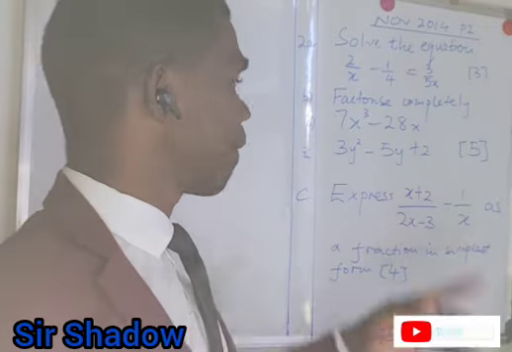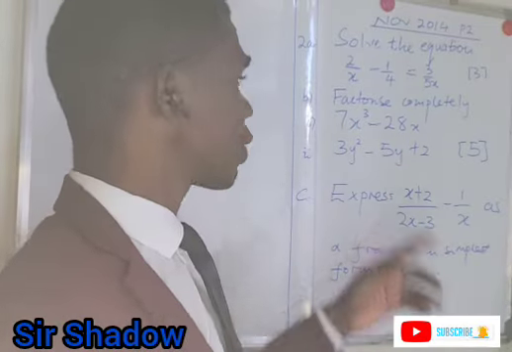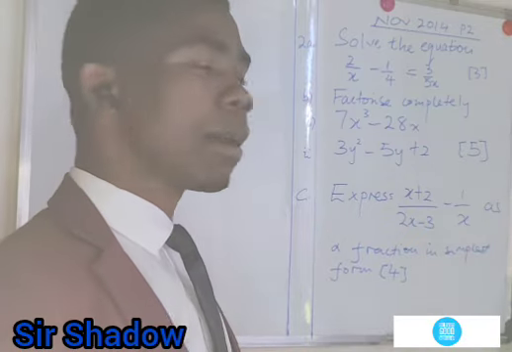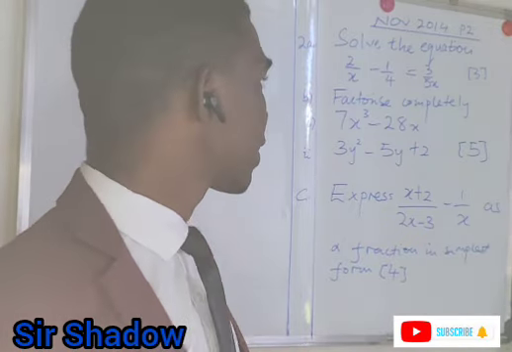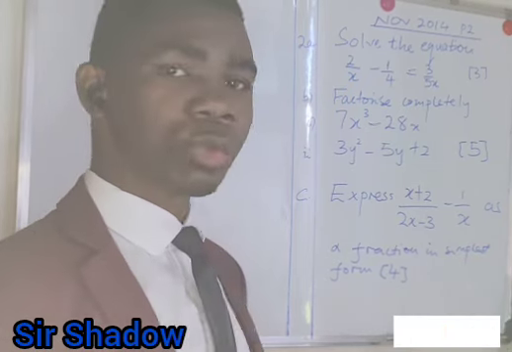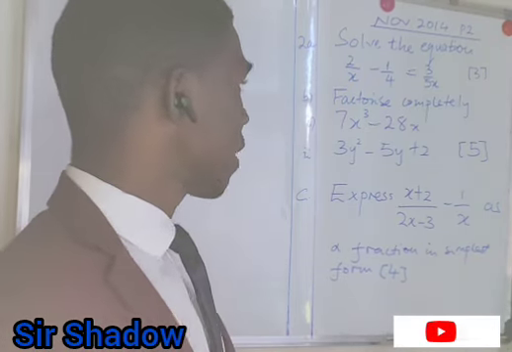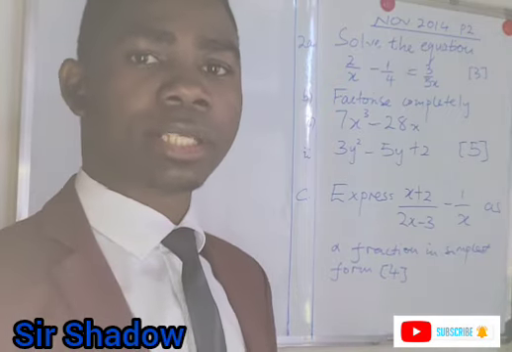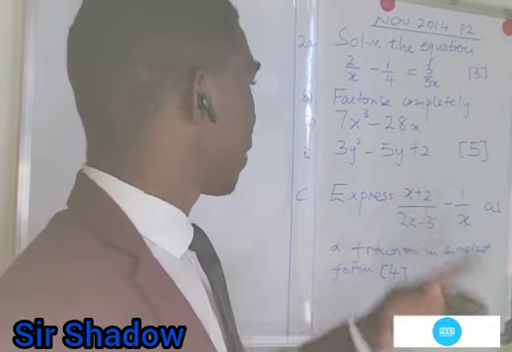Then we are given part B, factorize completely. Item 1, 7x cubed minus 28x. In item 2, 3y squared minus 5x plus 2. Then item 1 and item 2 were awarded 5 marks.